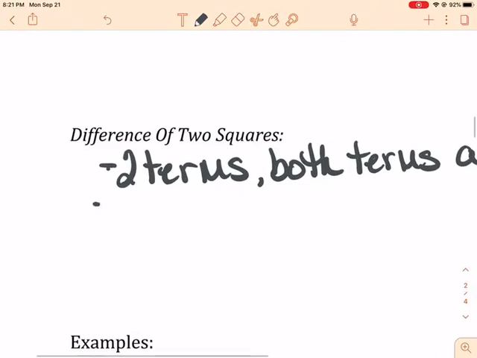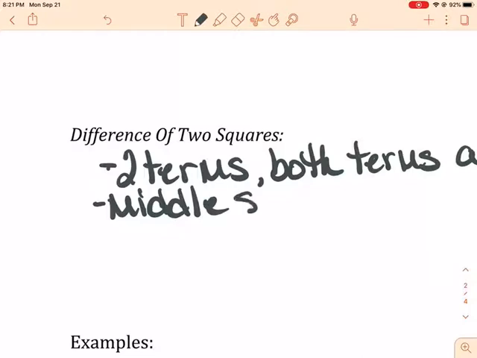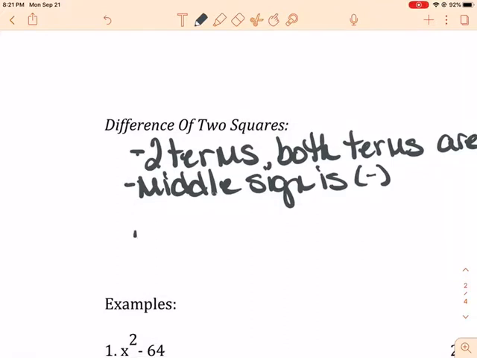And the middle sign is the minus sign. So it looks like this: a squared minus b squared. They're both perfect squares, and there's a minus sign in between.